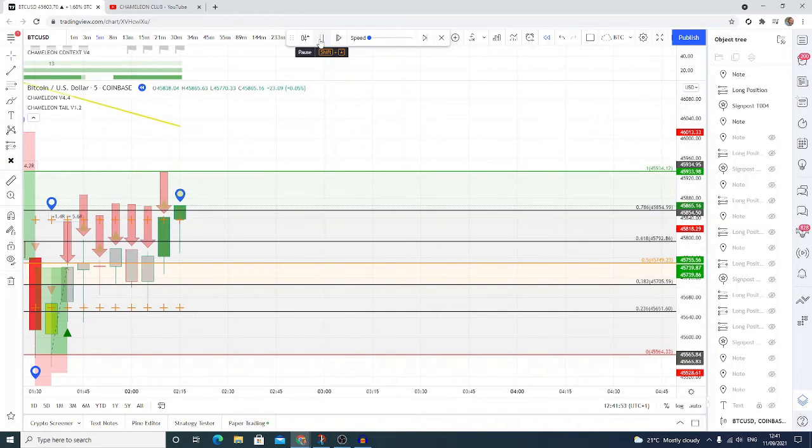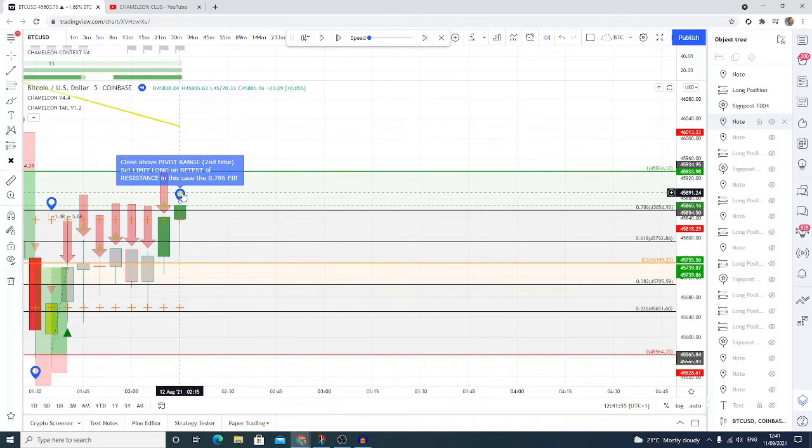Until price closes above the pivot range. Set a limit long on the retest of resistance. In this case, the 0.786 fib level.